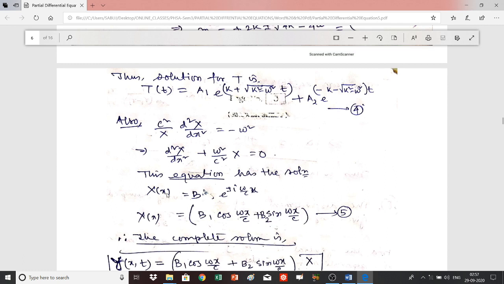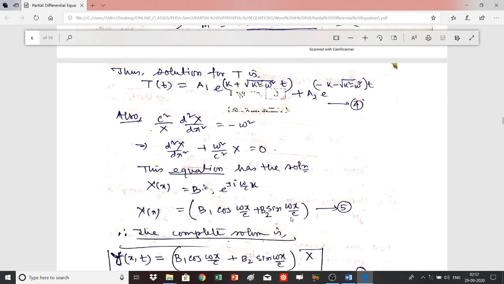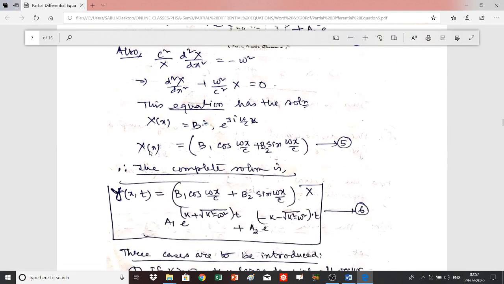That will lead to a solution for X as b e to the power plus minus i omega by c into x. That can also be written as b1 cos(omega x by c) plus b2 sin(omega x by c). This is equation number 5, and this is the solution for X.